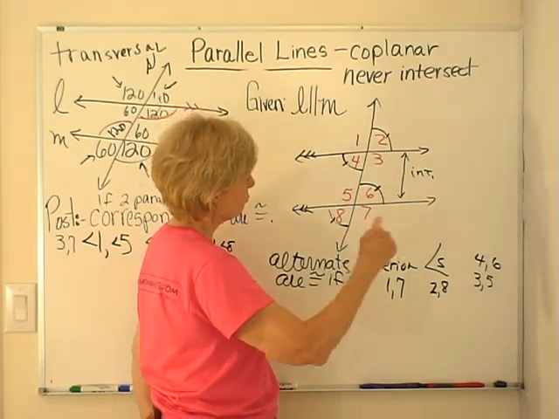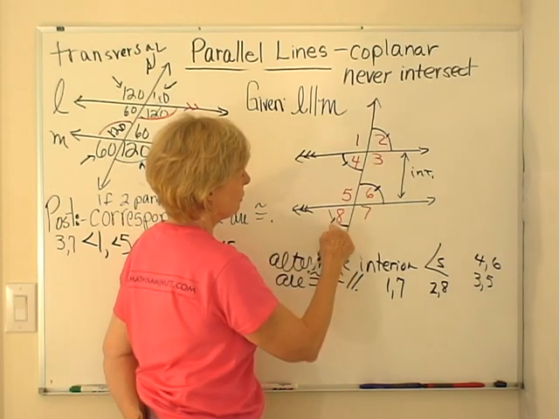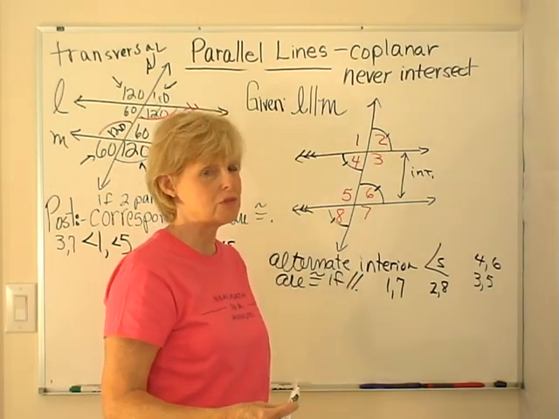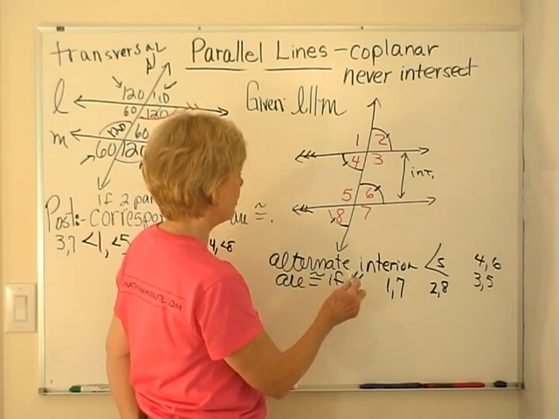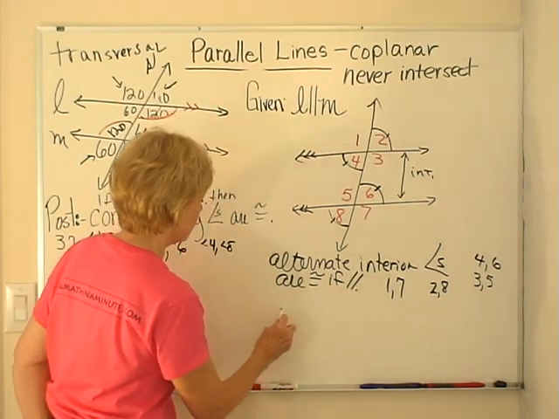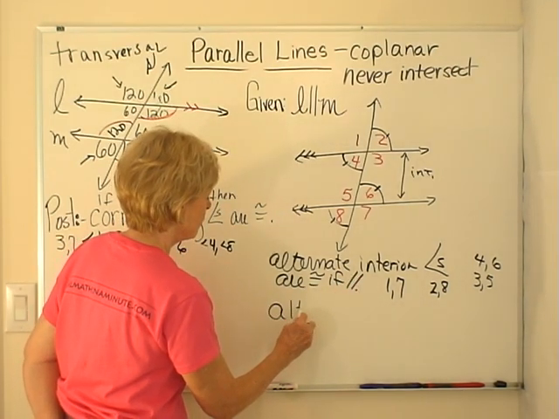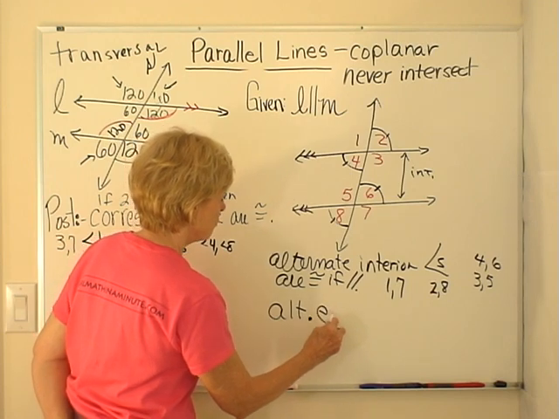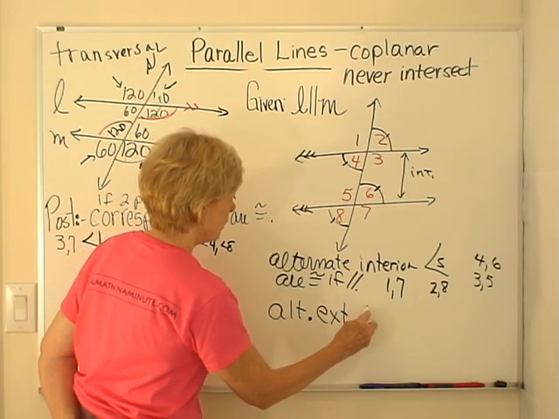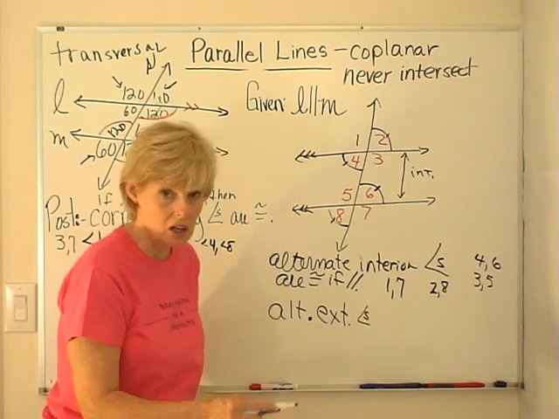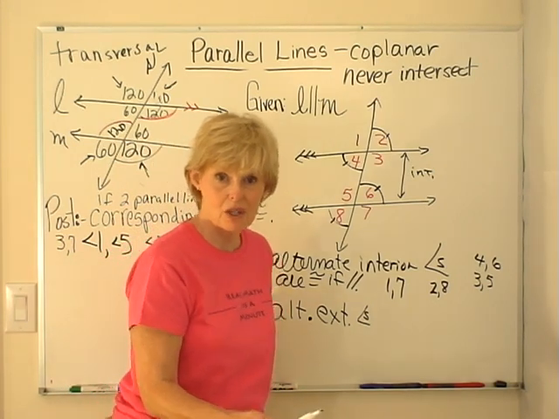So by substituting, we get that angle 2 and angle 8, oh yeah, they have to be congruent. So alternate exterior angles, and I'm going to abbreviate, are congruent whenever you've got parallel lines.